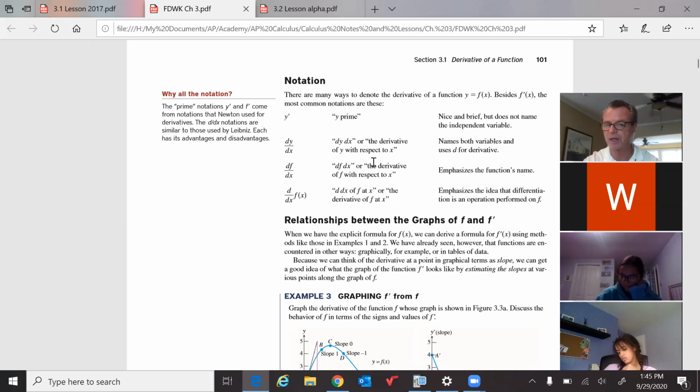They all mean the same thing. And again, the picture is important.